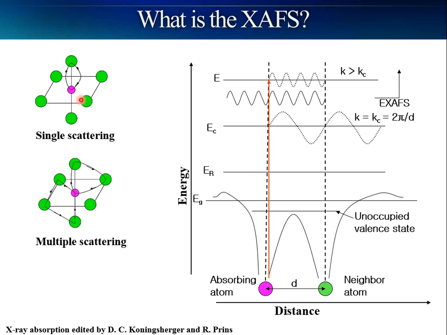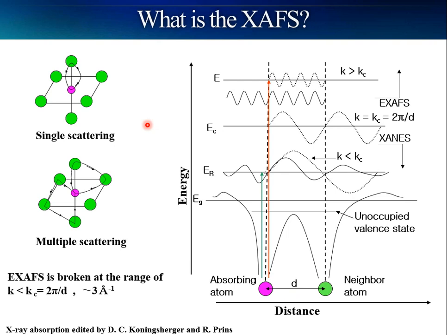Here is when the photoelectron energy is less than Kc, like this. Since the photoelectrons have low energy, they are influenced by the neighborhood, such as symmetry, atomic bonds and positions.